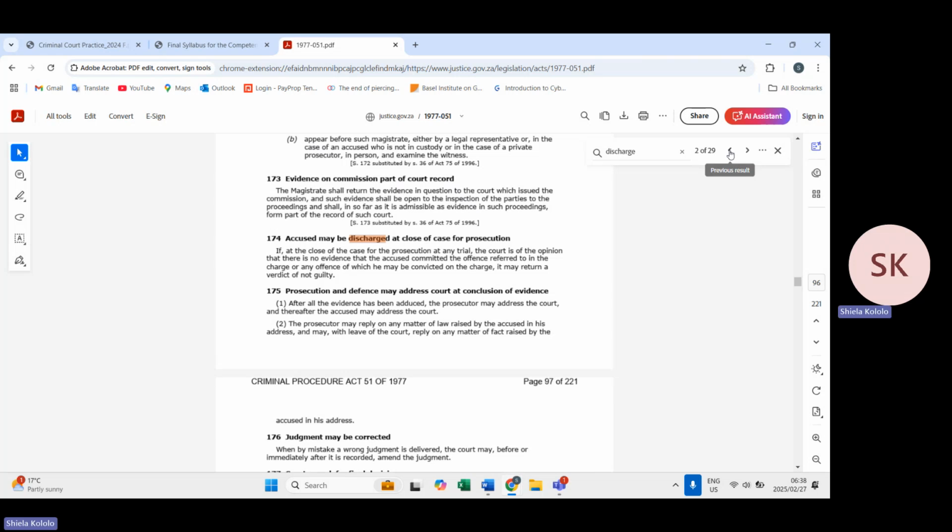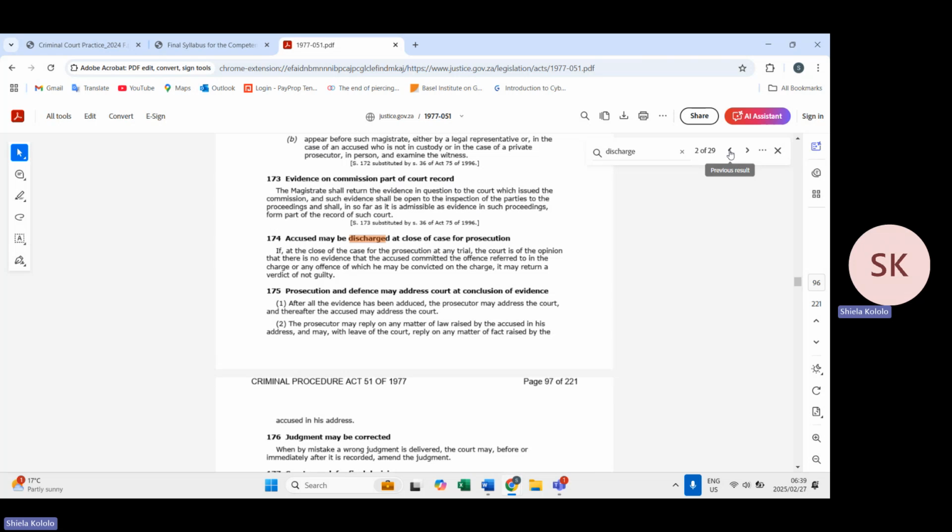So when does this happen? The prosecution would have presented their case and the defense had the opportunity to challenge the evidence. Then the court must determine if there is enough evidence that would support the conviction.